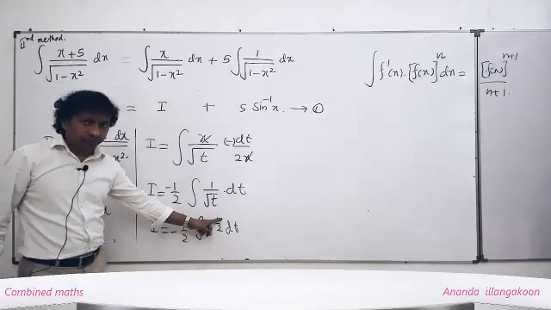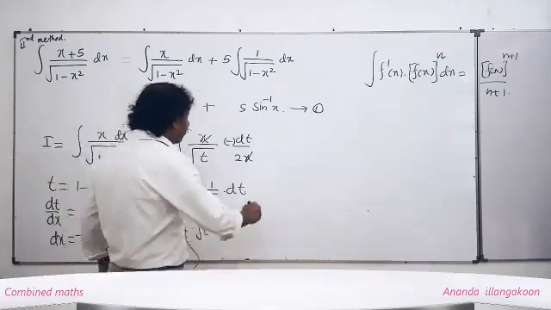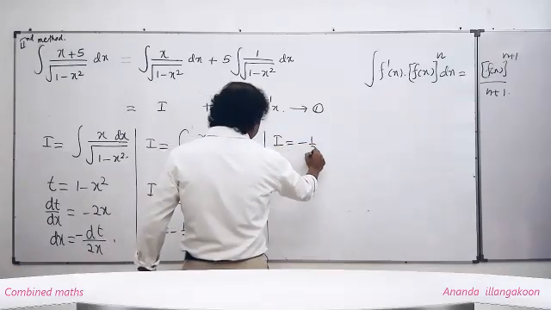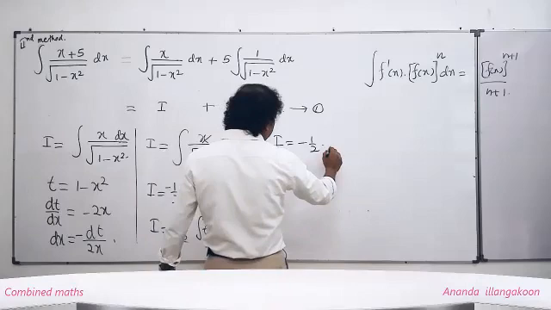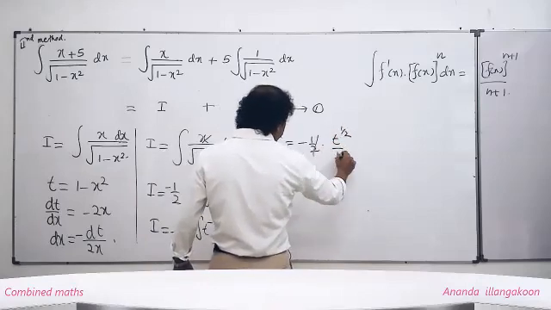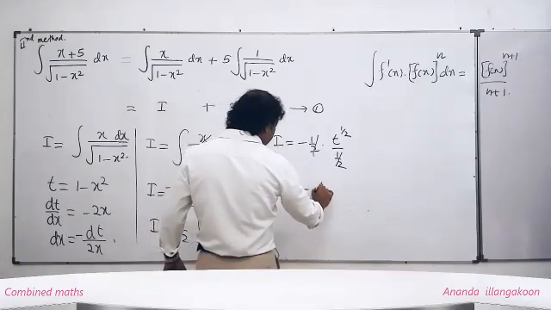Add 1, then plus half divided by half. Then what do you get? I equals minus half t to the power plus half divided by half. These two you can cancel down. I equals minus t to the power half.